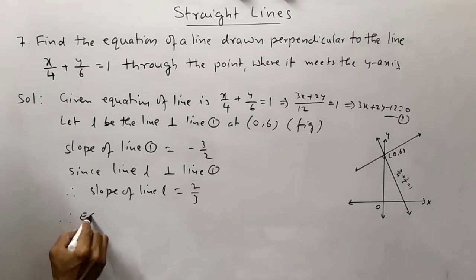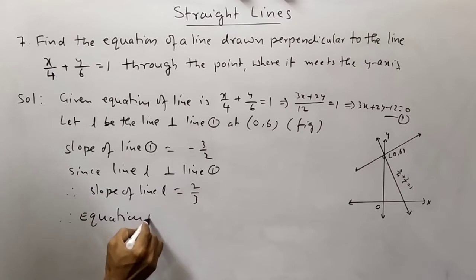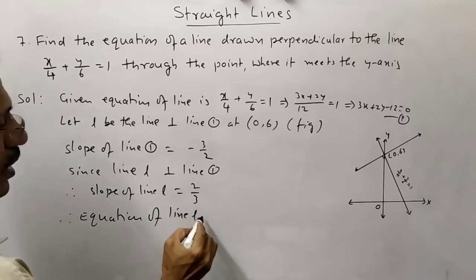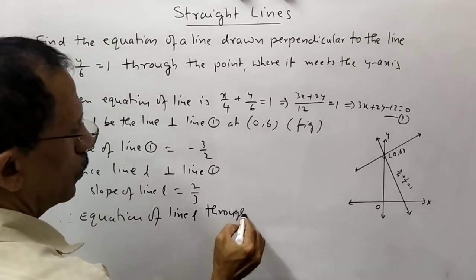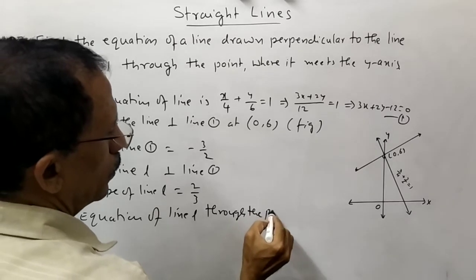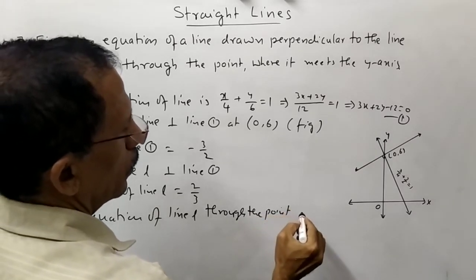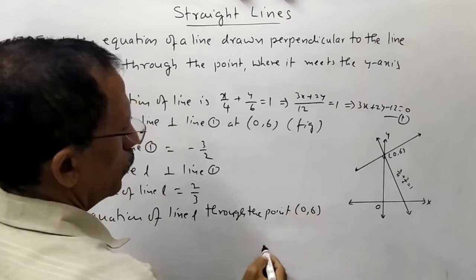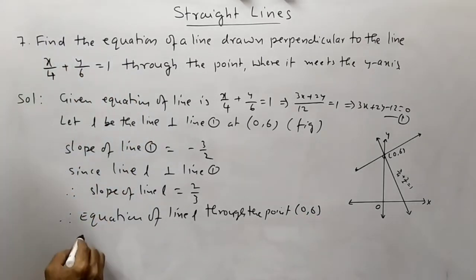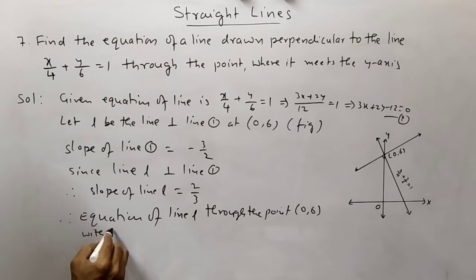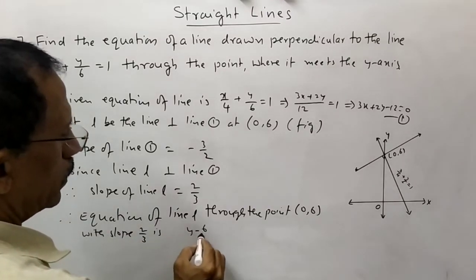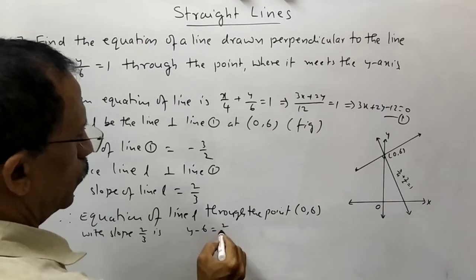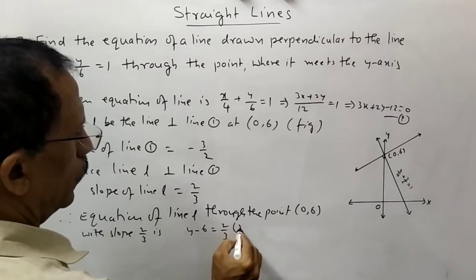Therefore, equation of line L through the point with coordinates 0, 6 with slope 2 by 3 is y minus 6 is equal to 2 by 3 into x minus 0.